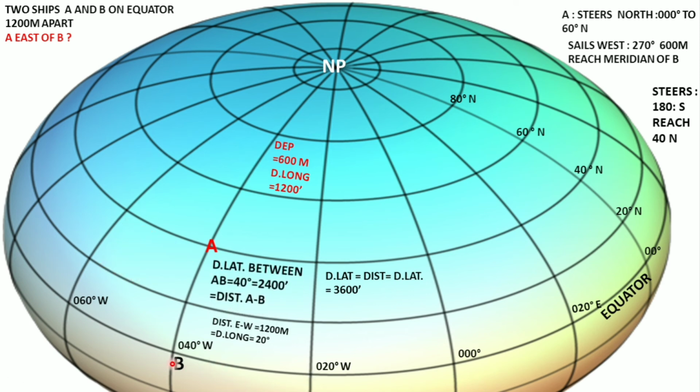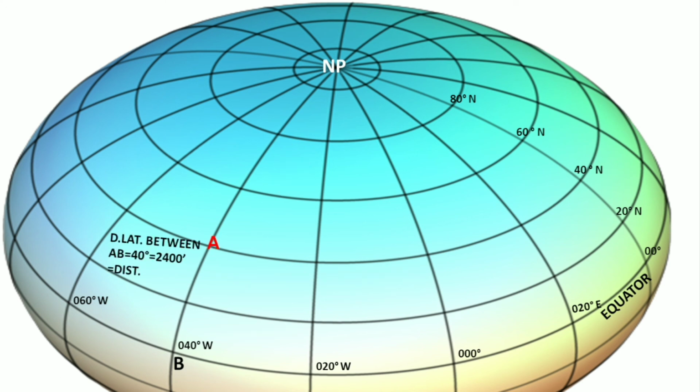Now the d lat between A and B, being on the same meridian, is 40 degrees, from north 40 to 40. And that is also the distance between A and B. So the d lat now, because they both are on the same meridian, is also the distance between A and B. Now, if I had an example when I said two ships north and south of each other, that means they are on the same meridian.